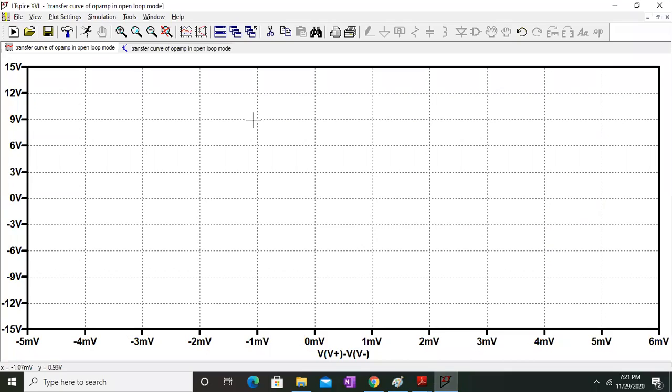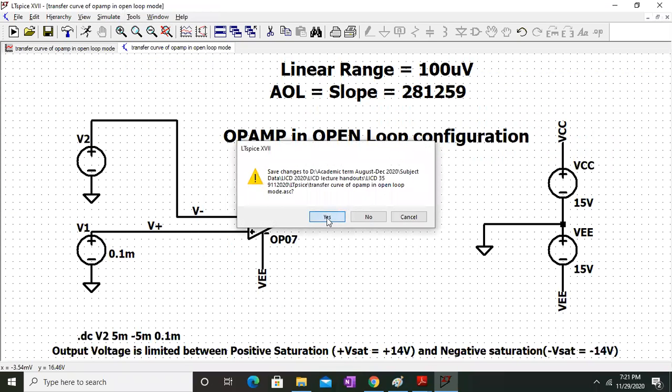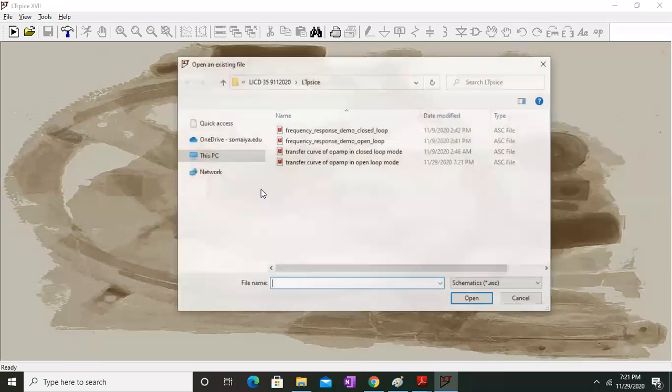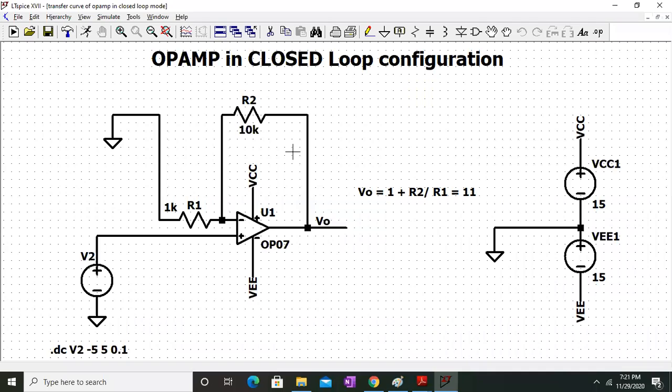I'll go to the LTspice simulation. I'll close this window and open the transfer curve of op-amp in closed loop mode. So this is my op-amp in the closed loop configuration. We have R2 and R1 resistors. V2 is applied to the non-inverting terminal, so this becomes your non-inverting amplifier configuration.